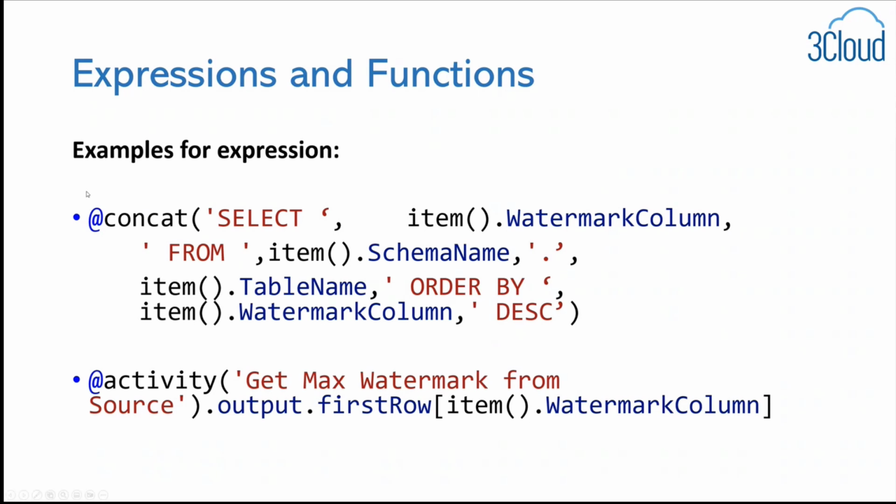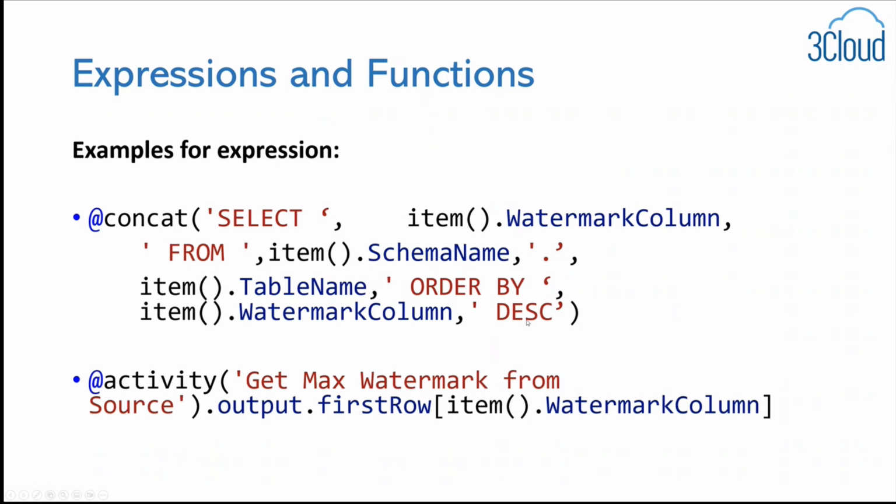So the first one, if we look at this, it's literally a concat function, and we should all be familiar with it with some SQL background. What this is doing is literally just writing up a select statement, a SQL query. The example that I can put in here could be select last modified date from saleslt.address order by last modified date time in descending order.